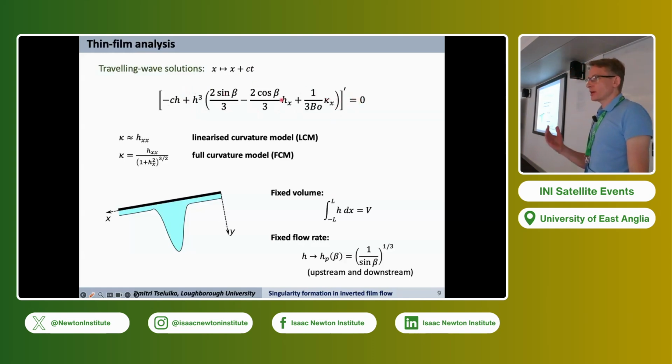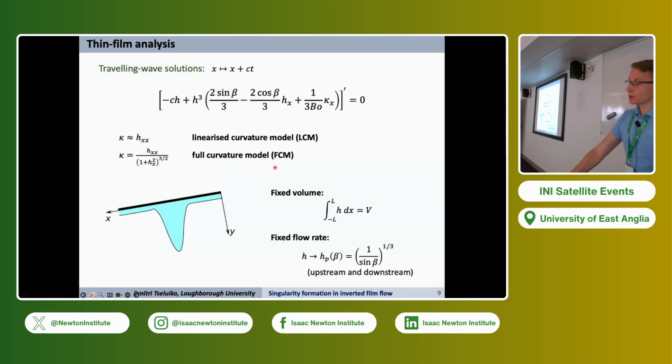In the formal derivation of this long-wave thin film equation, curvature is approximated by the second derivative of the interface, and this leads to the first model, the linearized curvature model, or LCM. But we will also use this ad hoc model where the linearized curvature is replaced by the full curvature, and this leads to the full curvature model, FCM.